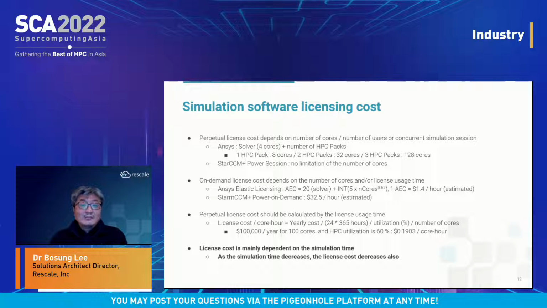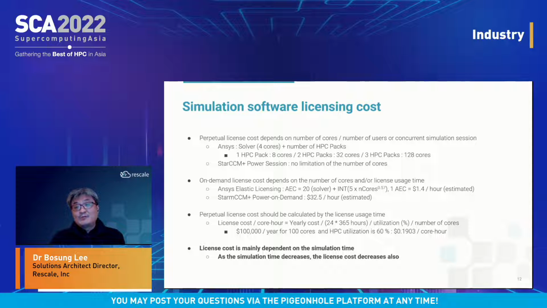But it is basically based on the number of cores and the simulation time. The StarCCM+ Power On-Demand license has the same license scheme as the Power Session license, except it is charged by the usage hour. Likewise, the perpetual license cost can be calculated according to the usage time.